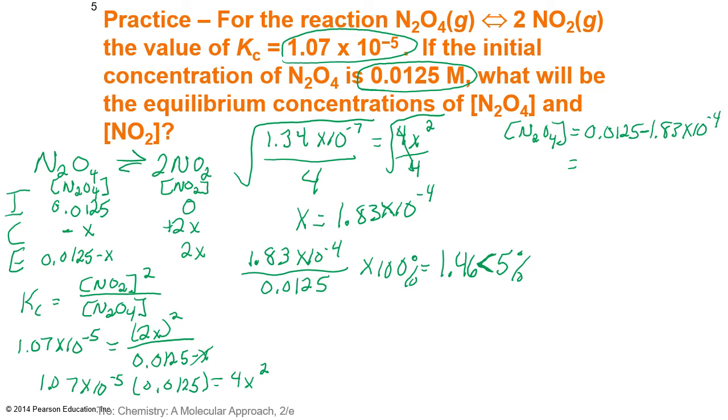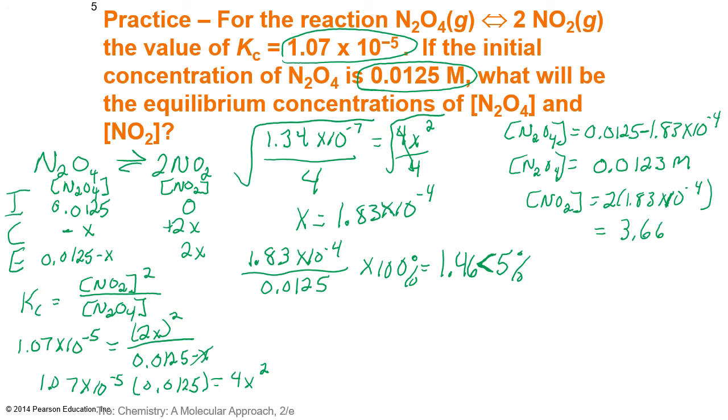And we see that our concentration of N2O4 is 0.0123 molar, and for NO2 it's 2x, or 2 times 1.83 times 10 to the minus 4, which equals 3.66 times 10 to the minus 4 molar. So those are our concentrations.